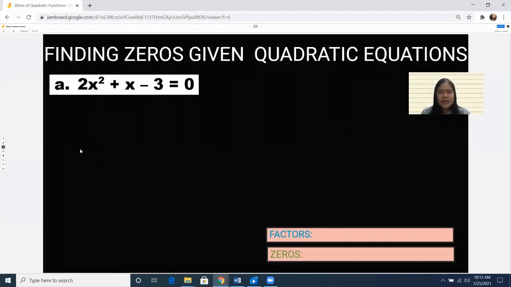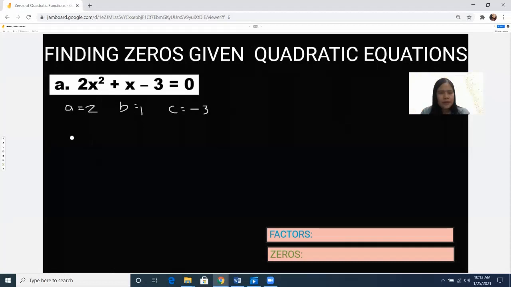But since I'm not using a Desmos graphing calculator or any graphing calculator, let me use the quadratic formula. I prefer to use the quadratic formula. So A is equal to 2. A while ago, we used factoring. B is equal to positive 1, and then C is equal to negative 3.